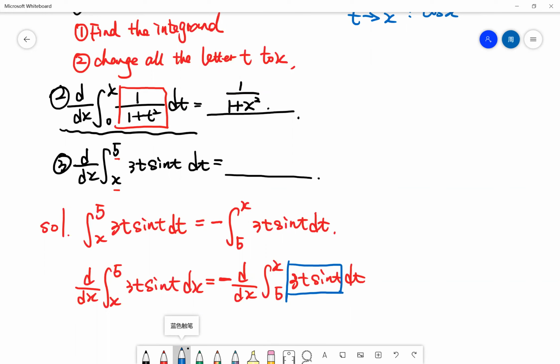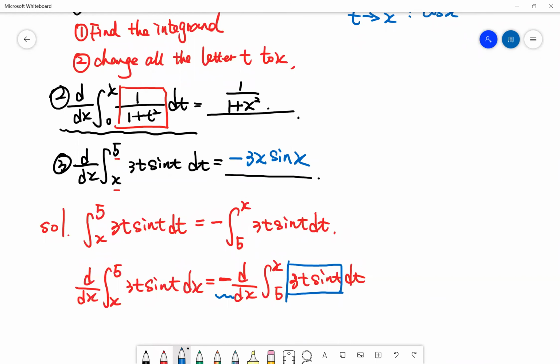And change all the letter t to x. So the result is minus, don't forget the minus sign, minus 3x sine x. Can you understand, guys?